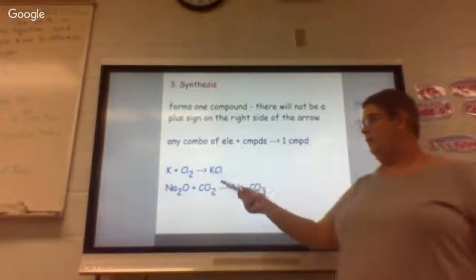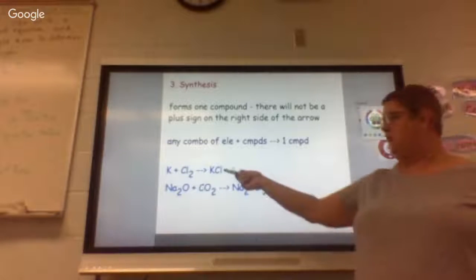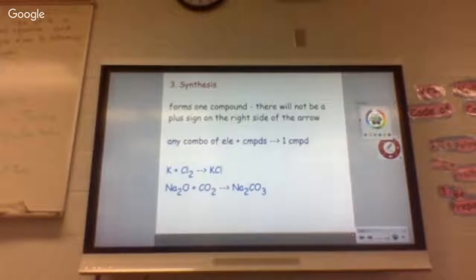This is one compound. This is one compound. It's not plus something else. Synthesis only forms one compound, so there's never anything else on the right-hand side. That's all you have: that one singular compound.